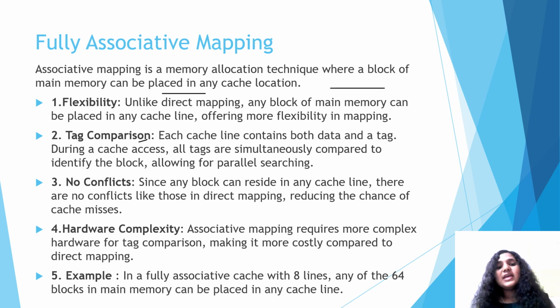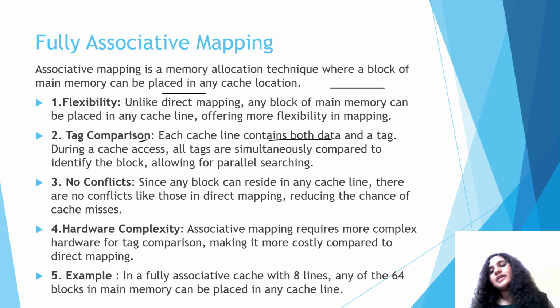Tag comparison. Each cache line contains both data and a tag. During cache access, all tags are simultaneously compared to identify the block, allowing for parallel searching. Next, there are no conflicts.